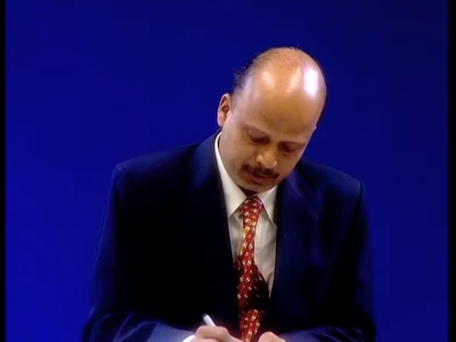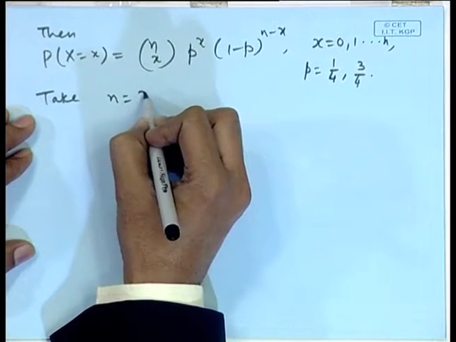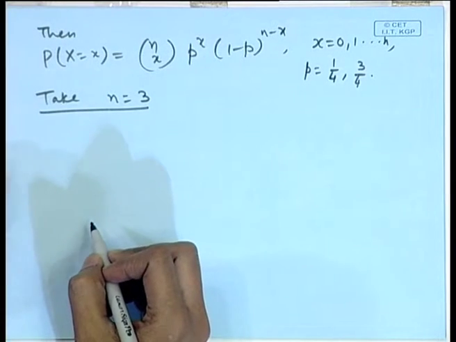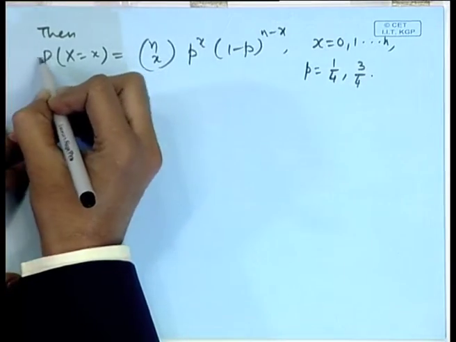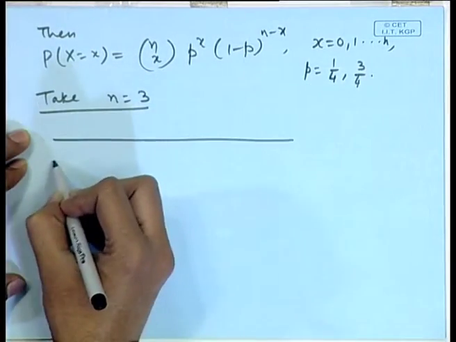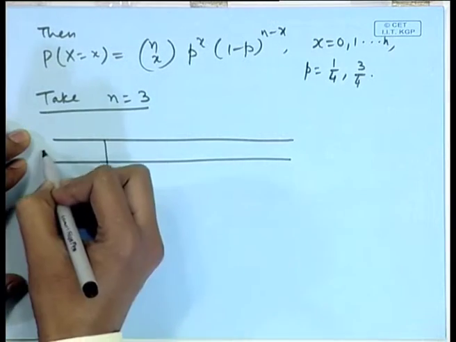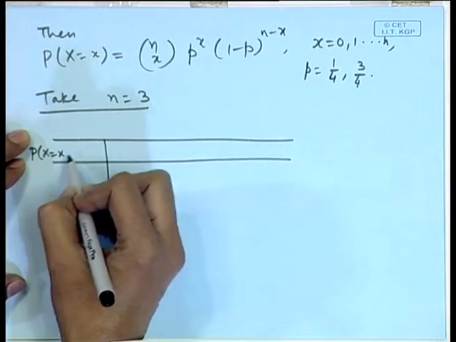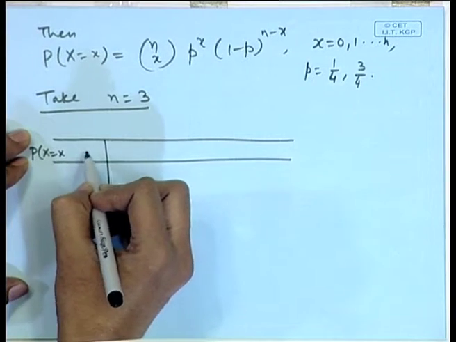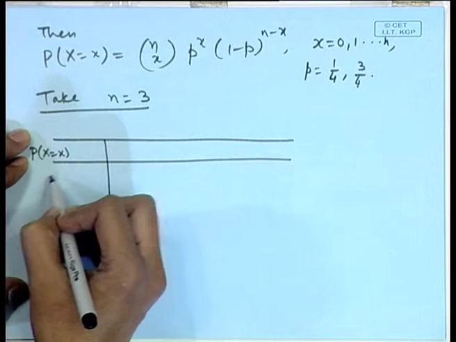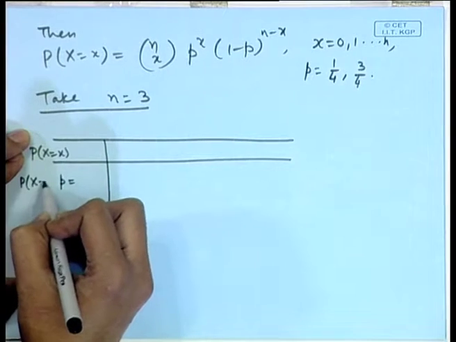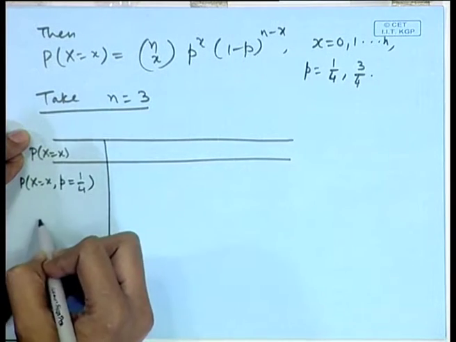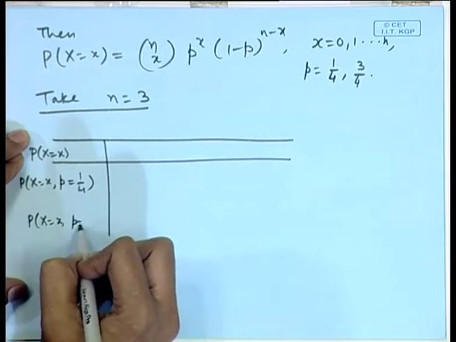So, let us work it out for a particular value of n. Let us take n equal to 3. Then what are the various probabilities? On this side I will write the probability of X equal to x, and on this side I will consider the values of p: what is the probability of X equal to x when p is 1 by 4, and when p is 3 by 4?